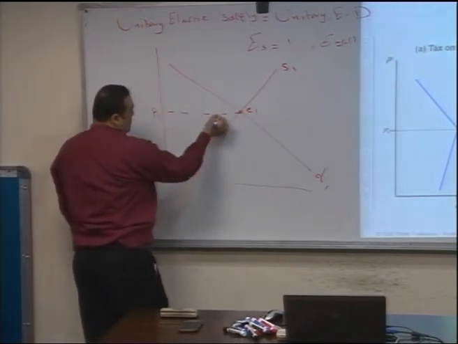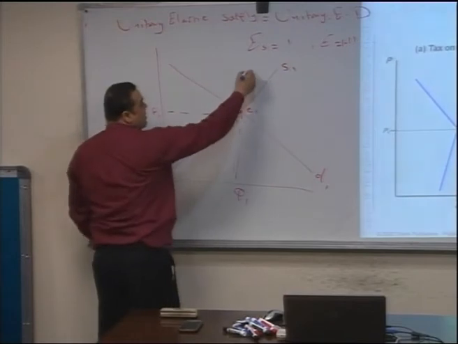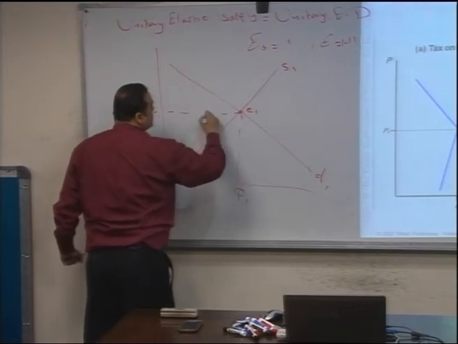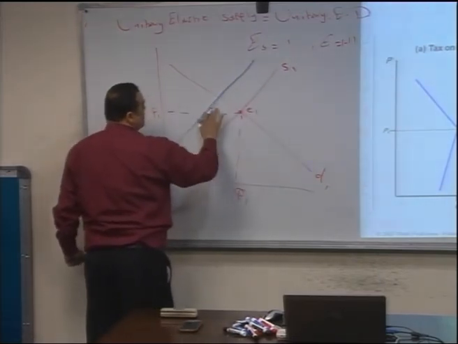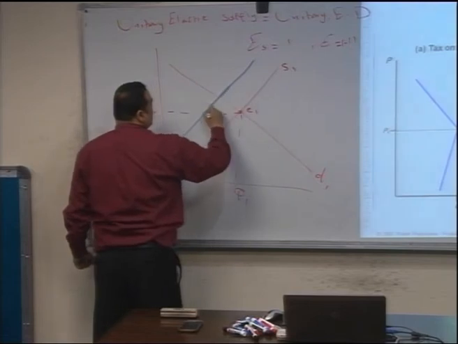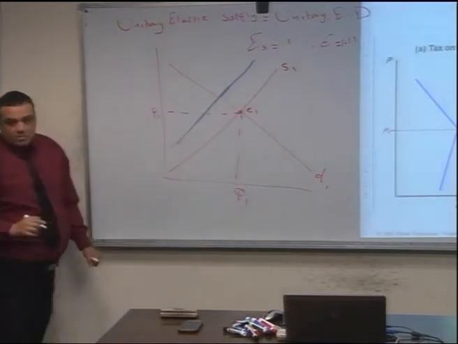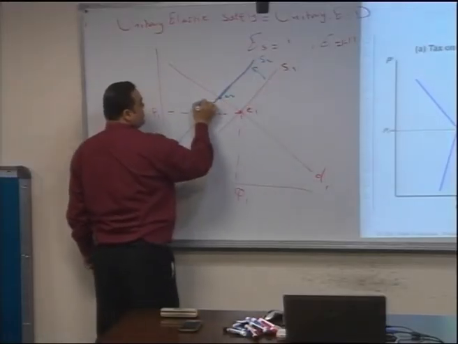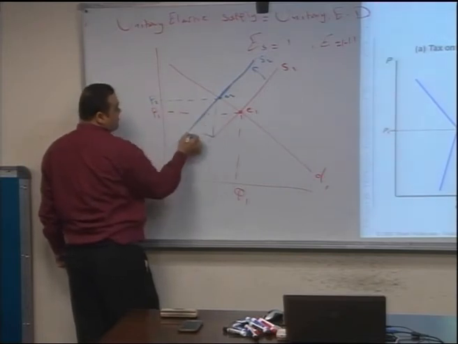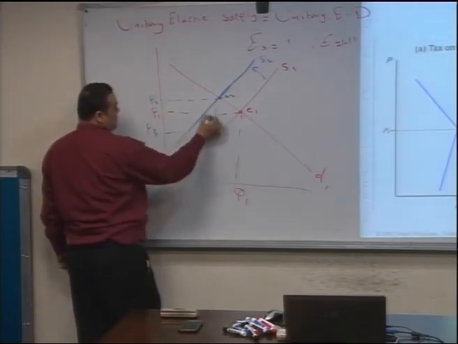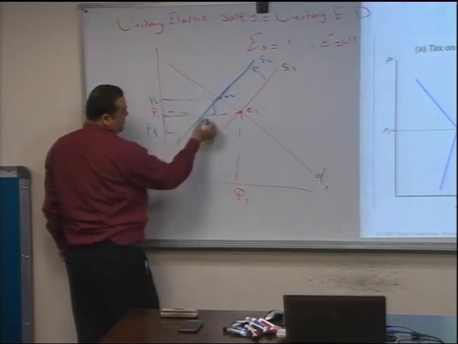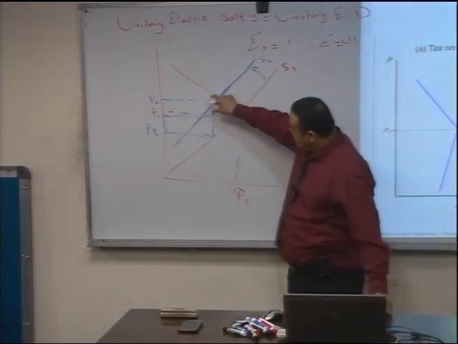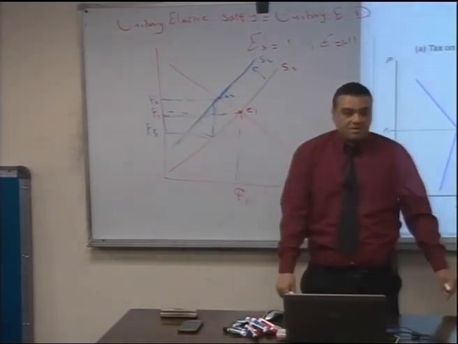E1, P1, Q1. The government imposed a tax, S2, E2, P2, P3, the same. بالتقريب the same. هذا الكونسيومر شير وهذا البروديوسر شير 50-50.